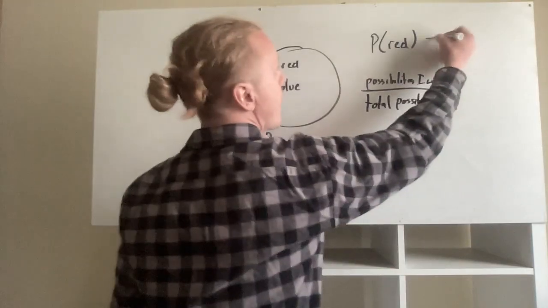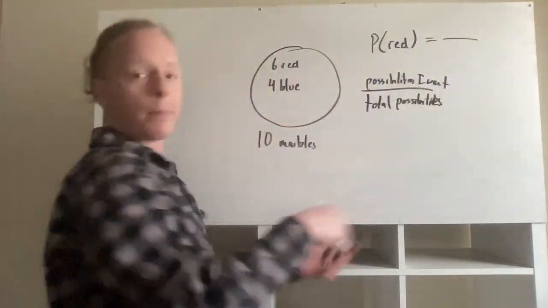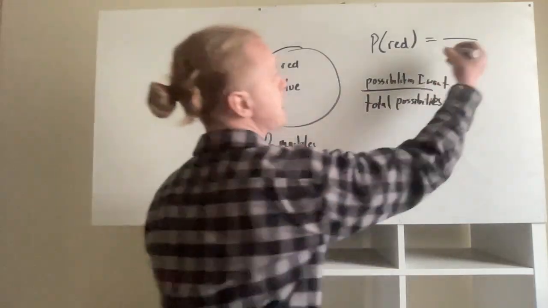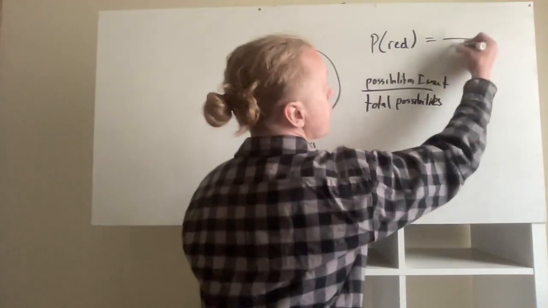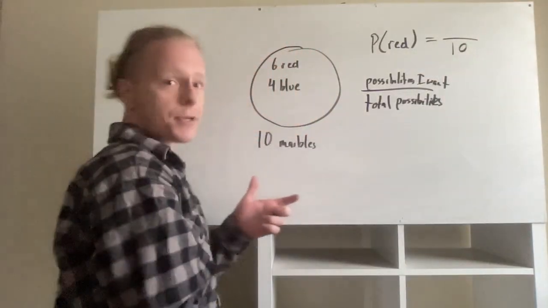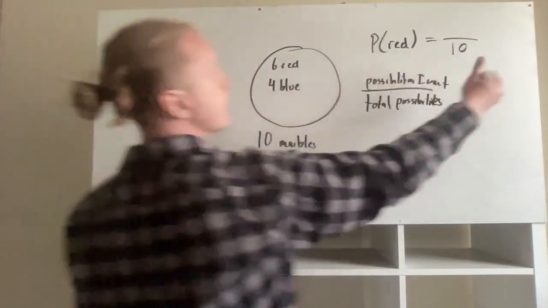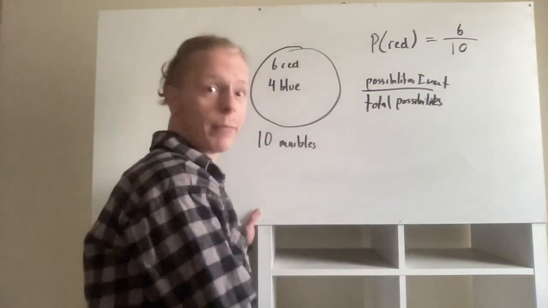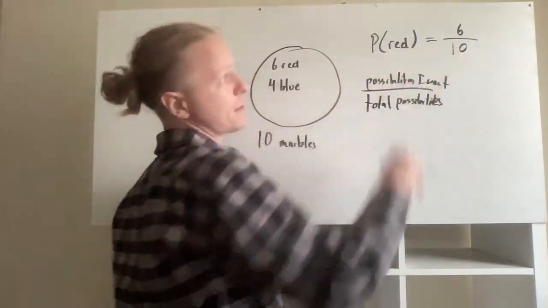So when I reach into this bag, how many total possibilities or different outcomes are there? There's 10 different outcomes because I could pick each one of those marbles. Now, of those 10 marbles, how many are red? 6 are red. So one way we could express the probability is 6/10.